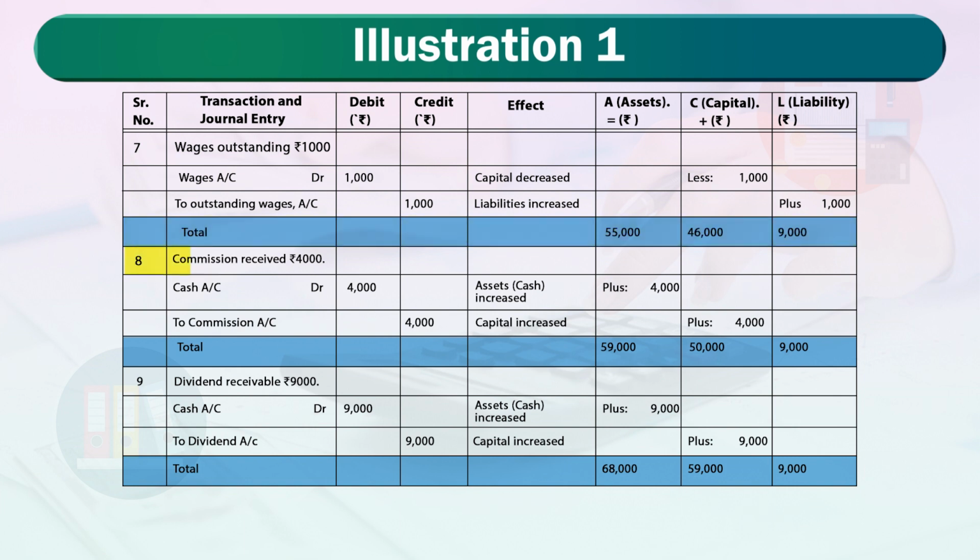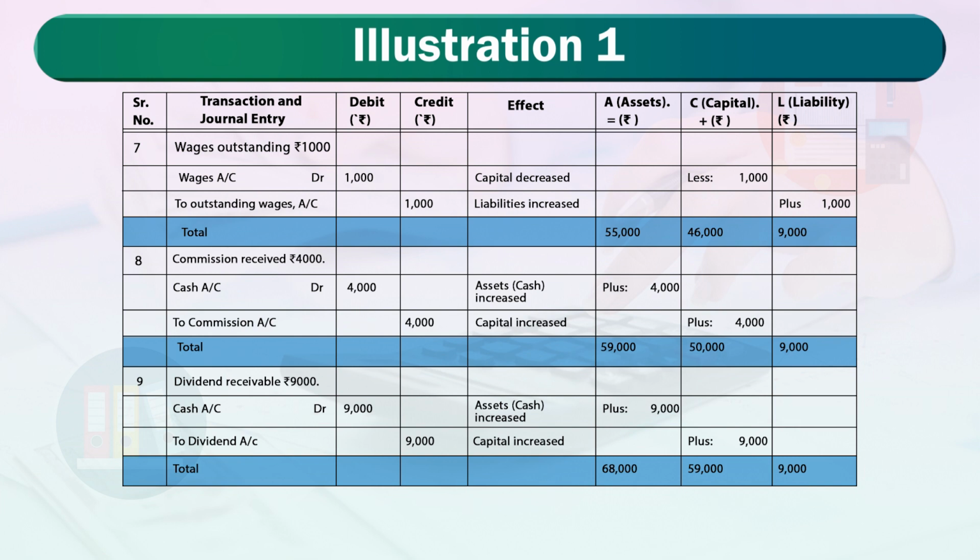Next transaction is commission received, rupees 4,000. Cash account gets debited by the amount of 4,000 and commission account gets credited by the amount of 4,000. As we are receiving commission of 4,000 rupees, cash comes in the business, so we have debited the cash account, and commission is our income, so we have credited the commission account. Here asset is increasing as cash comes in the business by the amount of 4,000, and capital is also increased as commission is our income.